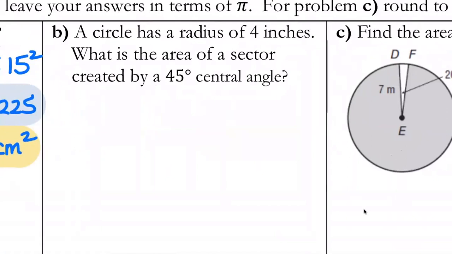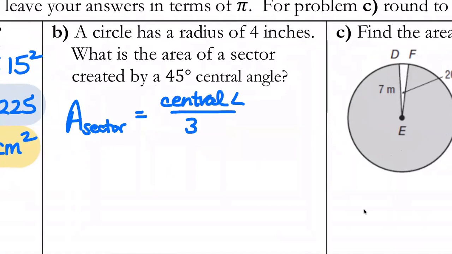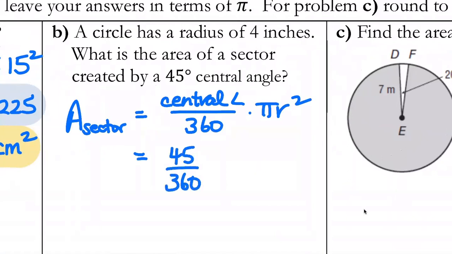Okay, a circle has a radius of 4 inches. What's the area of a sector created by a 45-degree central angle? Area of a sector is the central angle divided by 360 times pi r squared. Central angle is 45, so 45 out of 360 is the fraction of the circle.